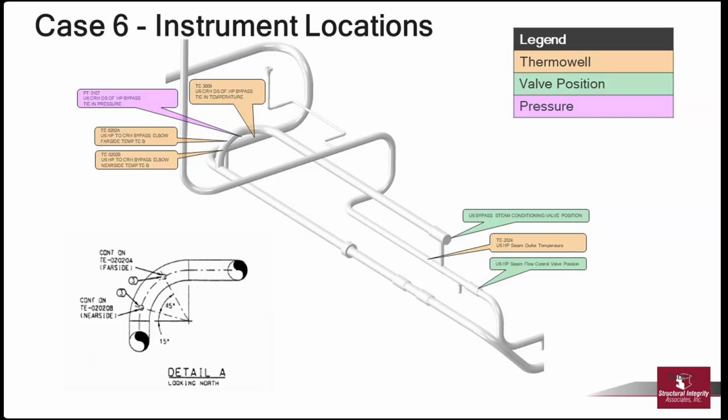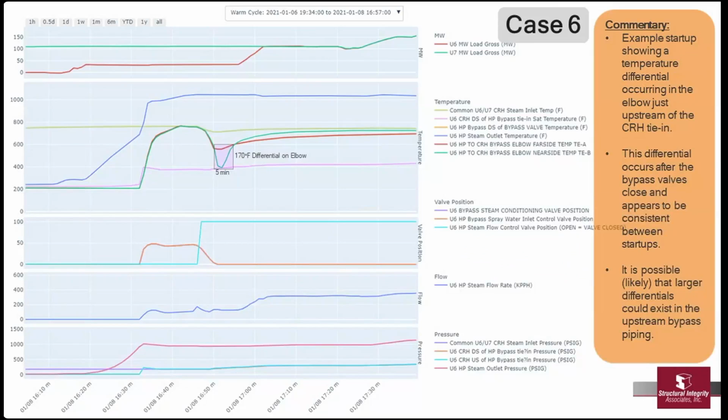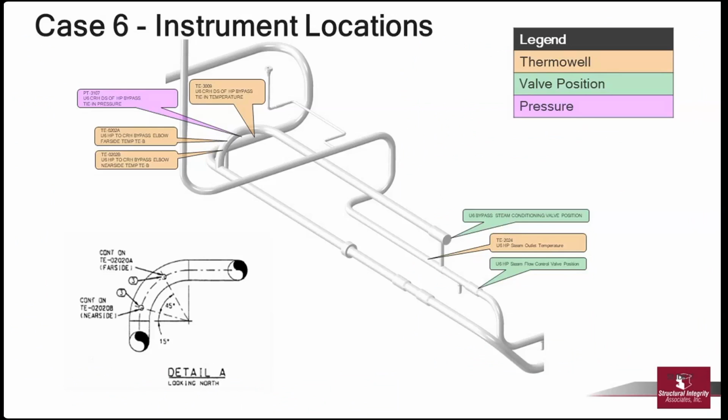So the one thing that we did for this plant was look into some of their data, just from the limited temperature data that they do have on those downstream sections. You can see they're still getting a differential there. Just jumping back, these two temperature sensors are on opposite sides of this last elbow, so it's giving you basically a left to right and upstream to downstream combined differential.